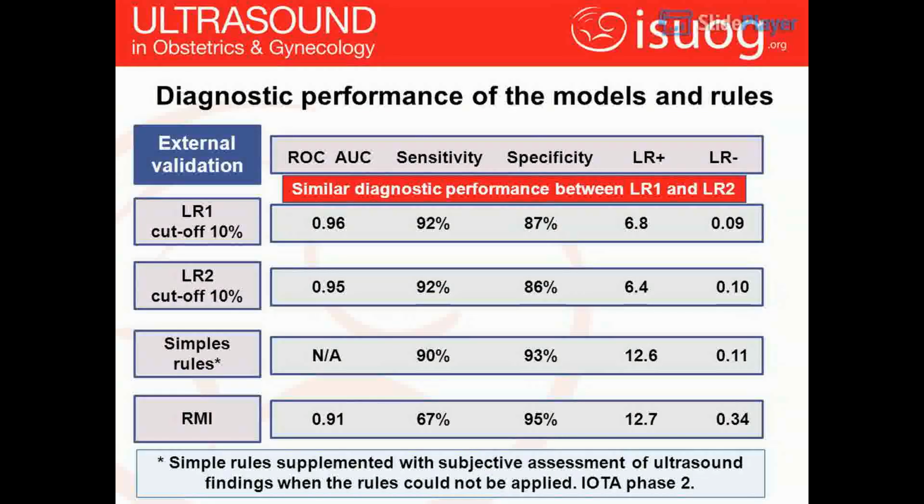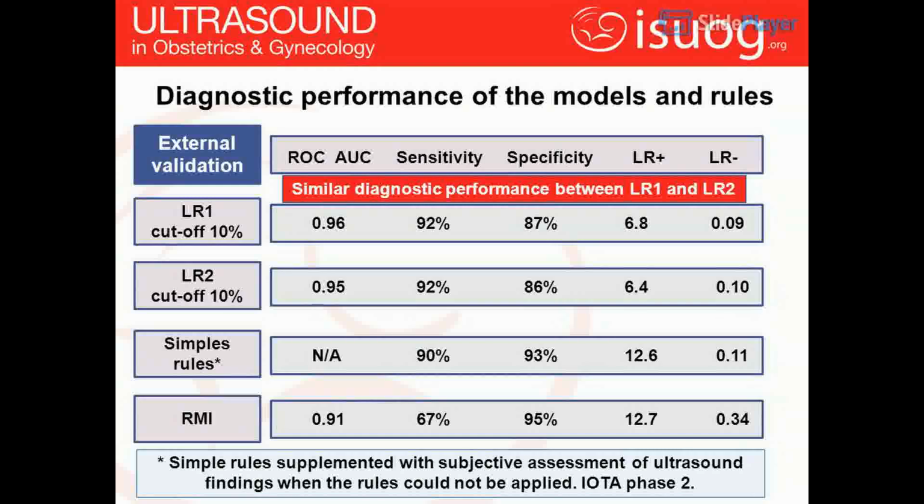Diagnostic performance of the models and rules. External validation: area under the curve, sensitivity, specificity, LR plus, LR minus. Similar diagnostic performance between LR1 and LR2. LR1, cutoff 10%: 0.96, 92%, 87%, 6.8, 0.09.